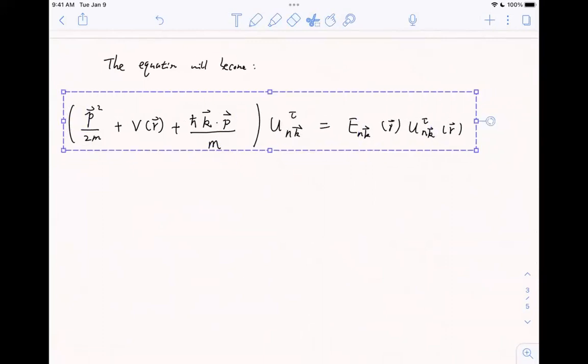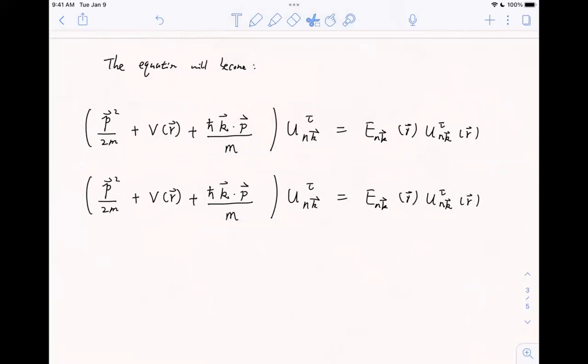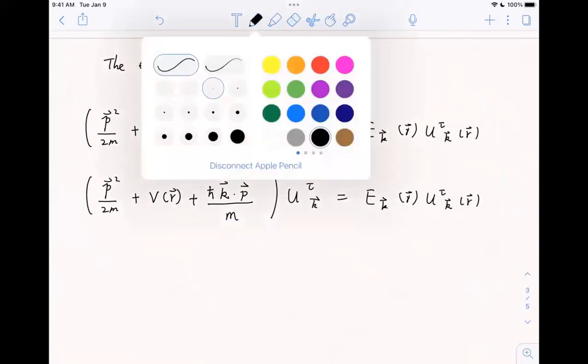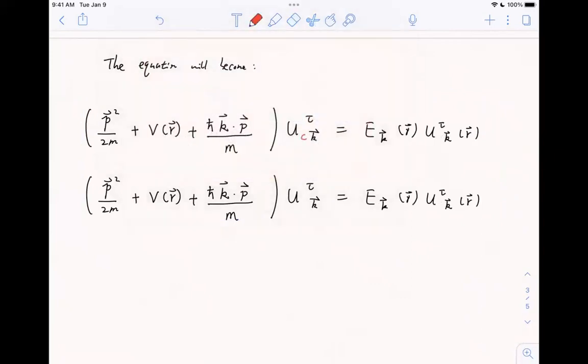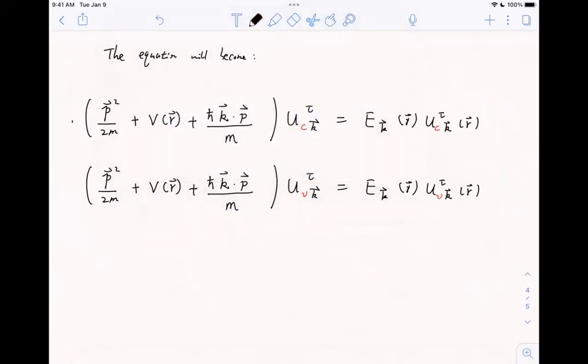You're going to have an N. This is for C. And this is for V. Okay. So these are the 2 equations.